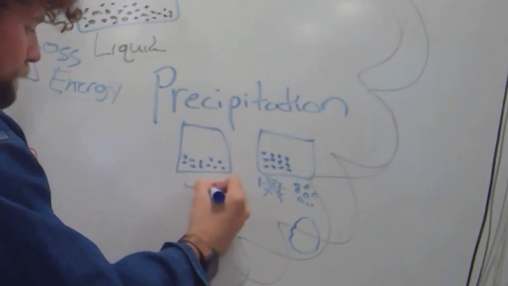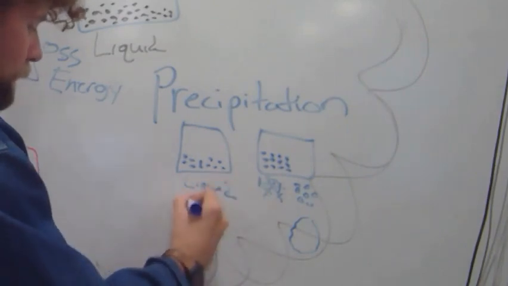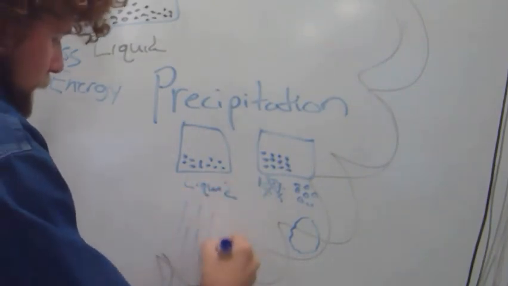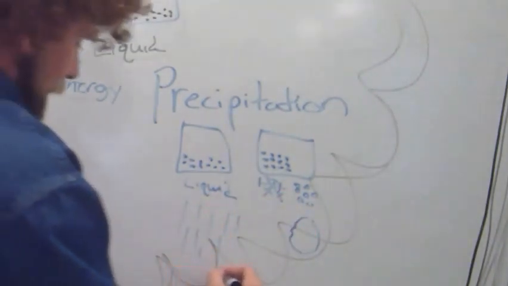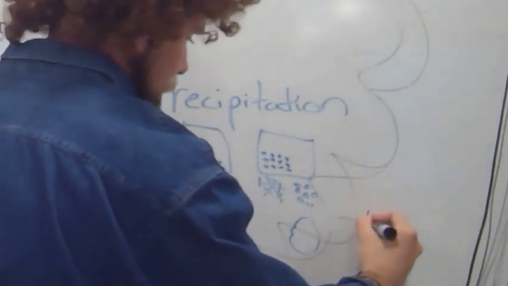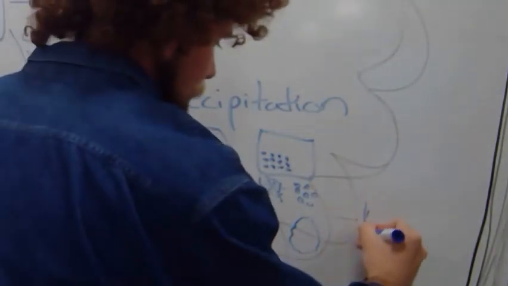A lot of times though, if it stays as a liquid, it will just fall down to the earth as liquid rain. So precipitation is just any type of water that's falling out of the sky. I'll write that in here with it.